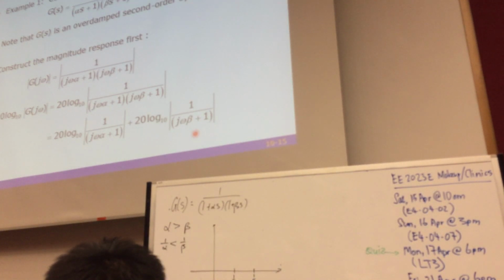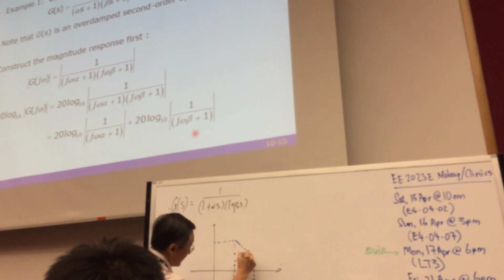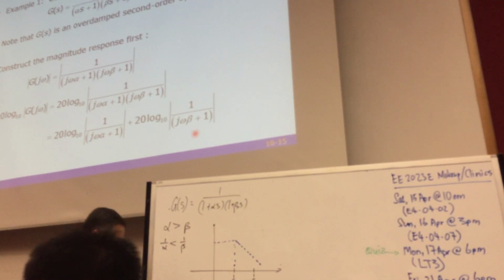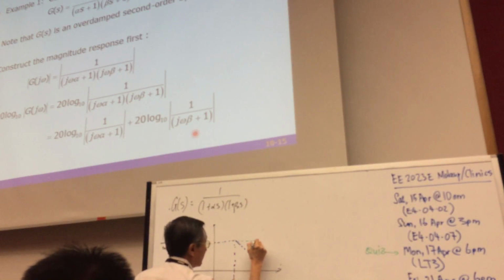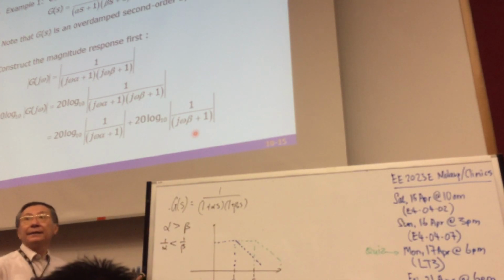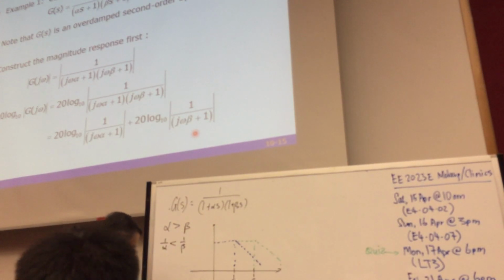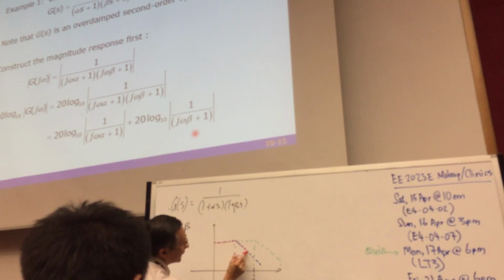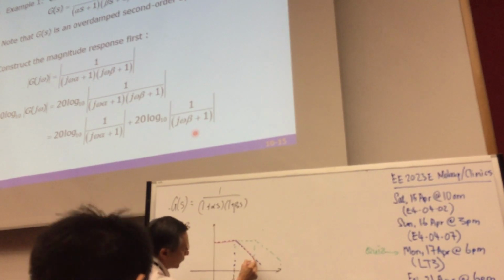So for the first guy, it will look something like that. And then, this is the first guy. Right? For the second guy, if I combine the blue and the green, you will go like that, you will go like that, and then at this point here, you will go steeper.